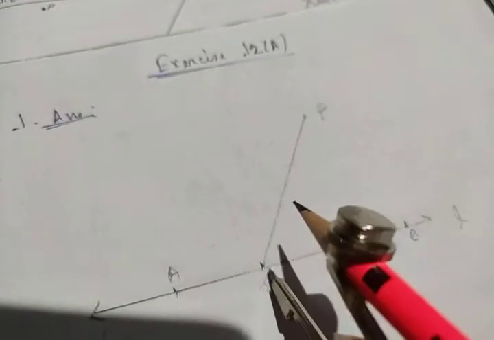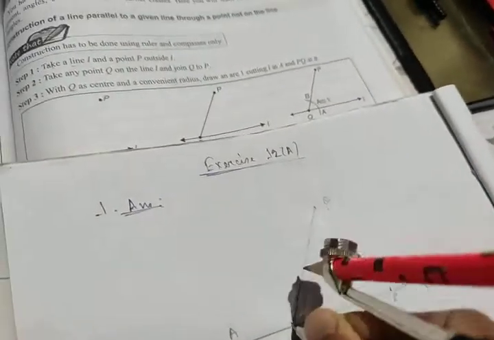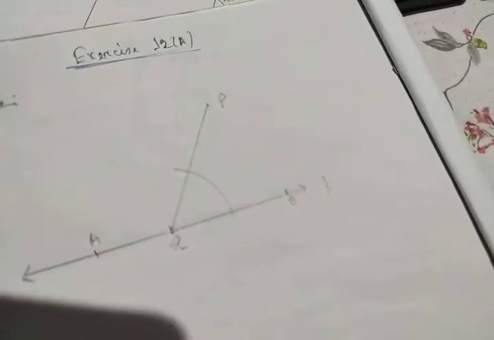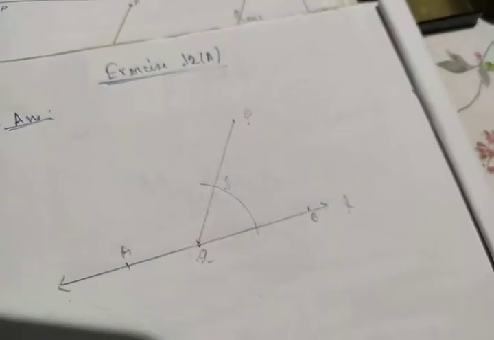You can take any radius, but it should be smaller than PQ. Put your metal tip in Q, take any radius and draw an arc 1. See, I am drawing this and giving this arc the name 1.